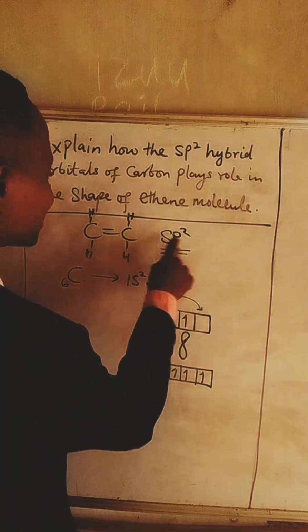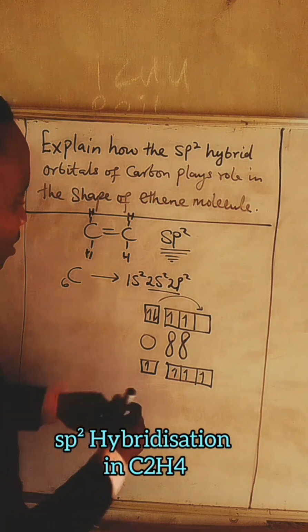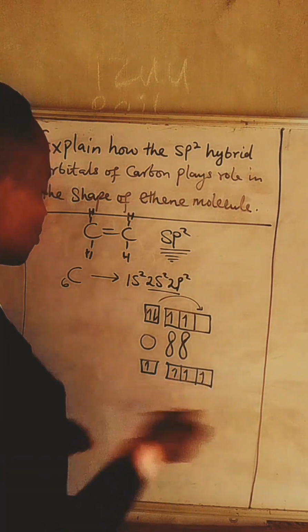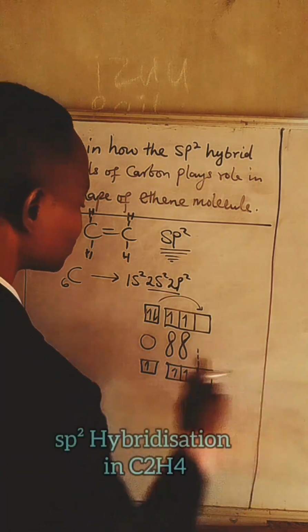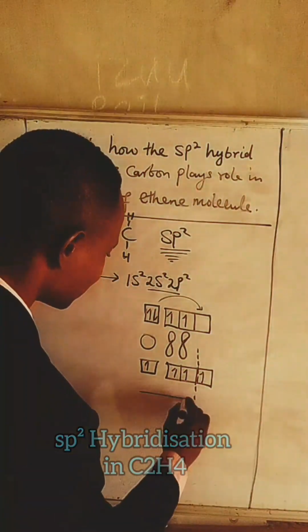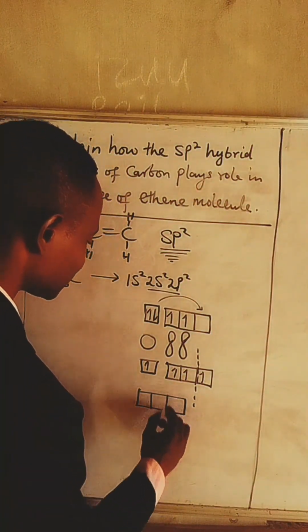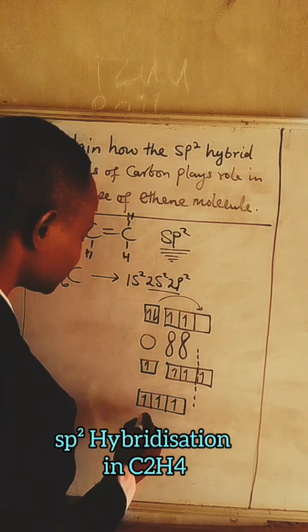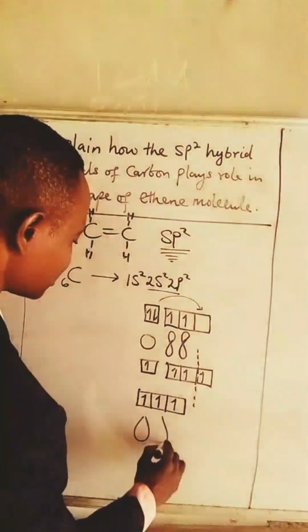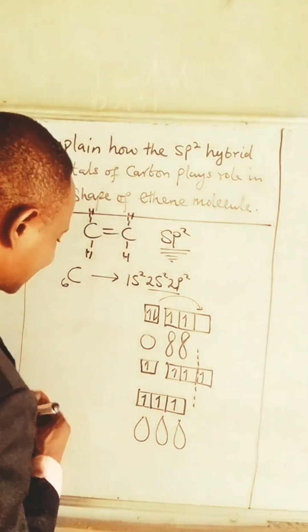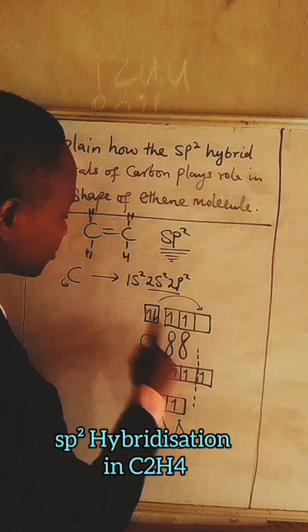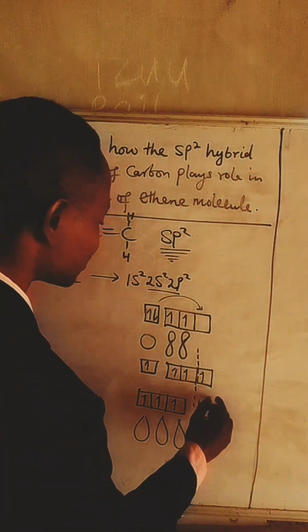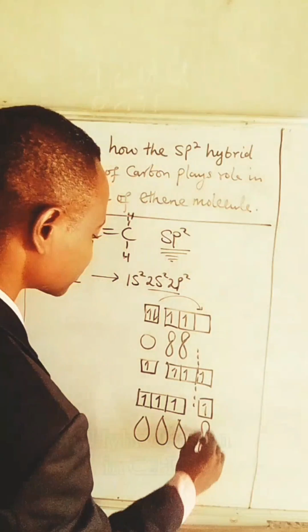Being sp², one s orbital we mix with 2 p orbitals, leaving 1 p orbital unhybridized. So we have 3 hybridized orbitals, having this shape, partly spherical and partly dumbbell, and 1 unhybridized p orbital having this shape.